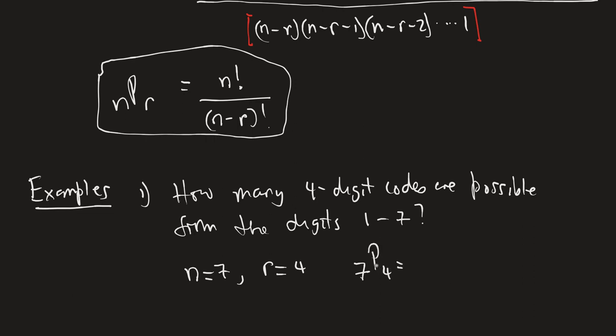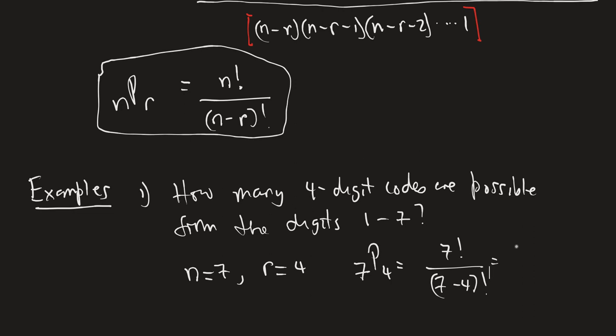7P4, right? And using this formula, as long as you remember your factorial calculation, you have 7 factorial over 7 minus 4 factorial. Now again, I encourage you to check out your graphing calculator to see what exactly you have to do in order to compute your factorial.